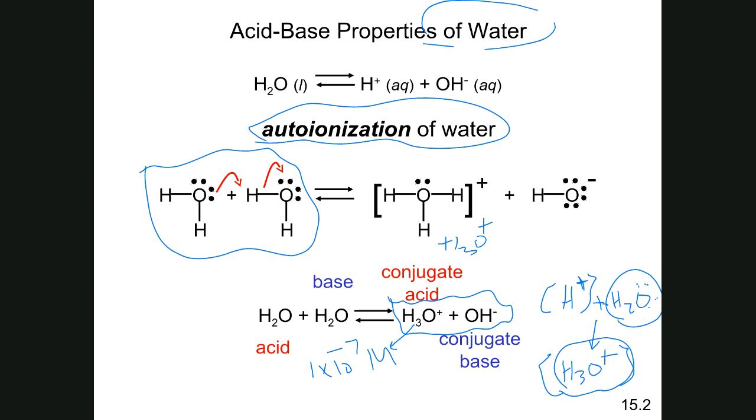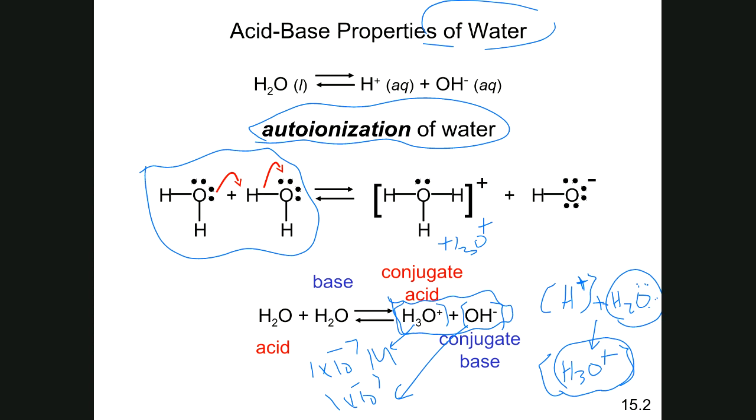You see how small this number is. The concentration of H plus and of hydroxide ion in pure water is 1 × 10⁻⁷ for both of them.